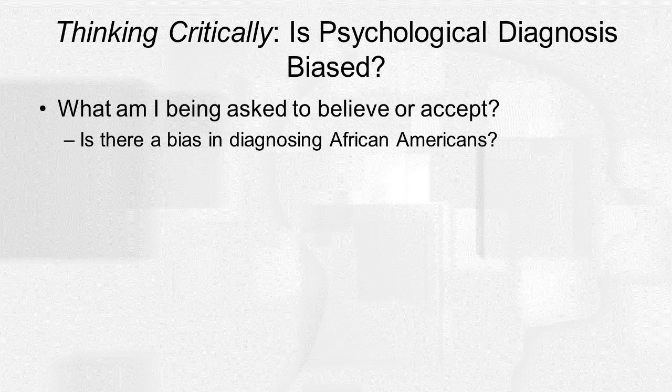So let's try to think critically about this. Is psychological diagnosis biased? When you head into a clinician's office, can you count on them being able to diagnose you correctly? So what are you being asked to believe or to accept? Is there a bias in diagnosing African Americans?